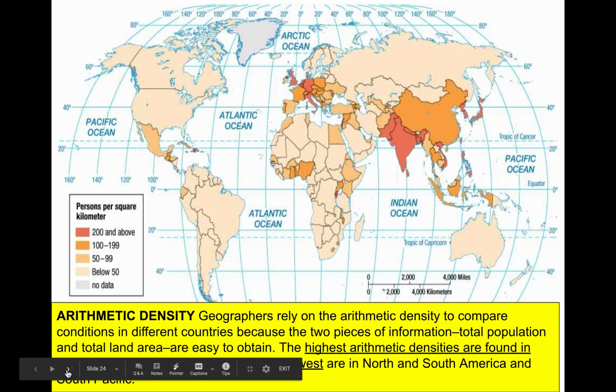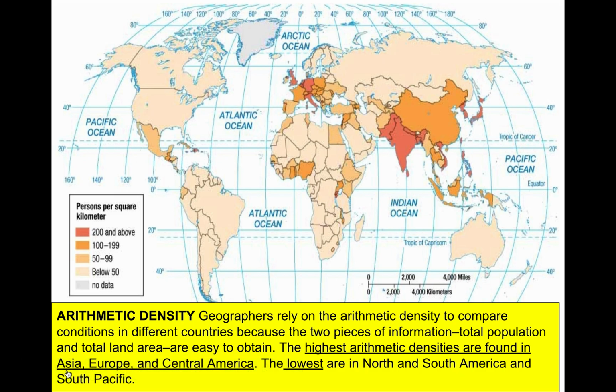All right, let's take a look at arithmetic density. The highest arithmetic densities are found in the clusters of the world, as we already mentioned. The highest arithmetic density we see is in South Asia. We can also see a high arithmetic density in parts of Europe, Germany, and Eastern Europe.